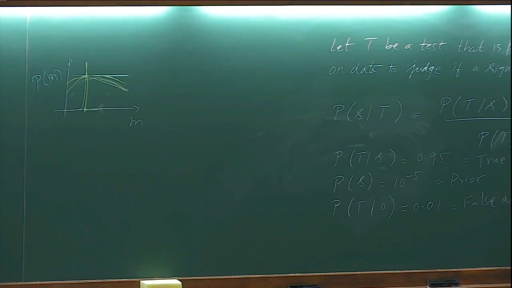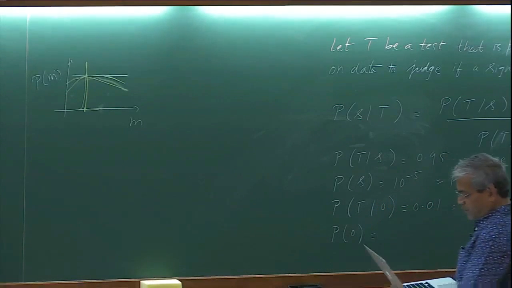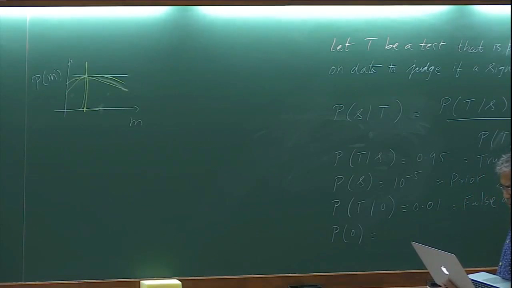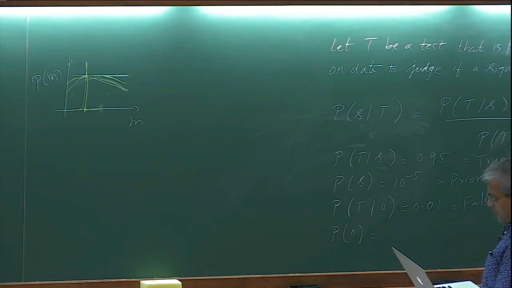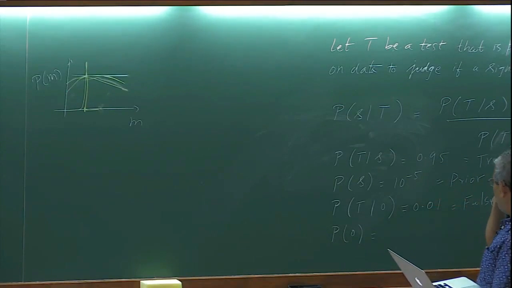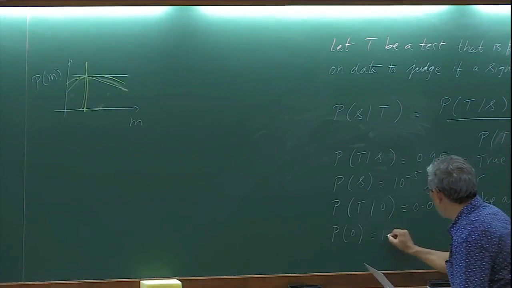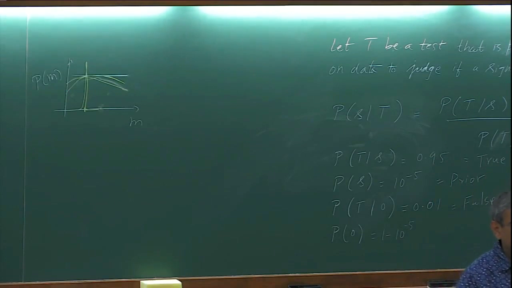All right, so in addition to that, what else do I need? I also need the probability of not getting any signal at all, P of 0, that should be 1 minus 10 to the minus 5. That we know already. Is that correct?